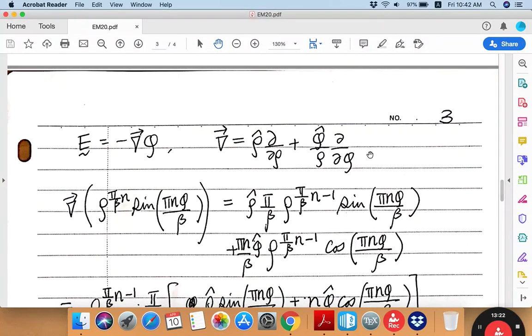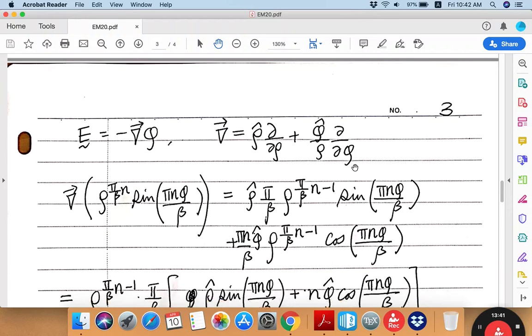And one good way of looking at that is by calculating the electric field, which of course comes from taking the gradient of the potential. And the gradient also has to be taken in the cylindrical coordinates, where the gradient operator will take on this form.